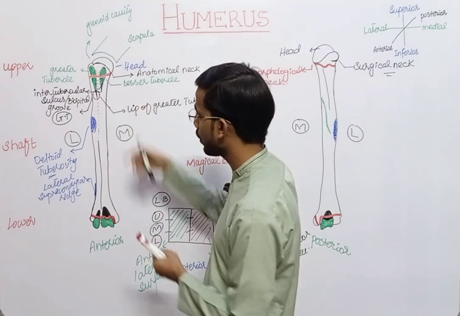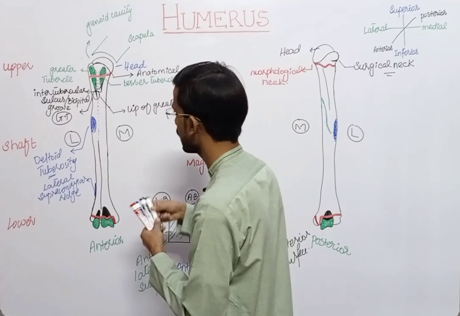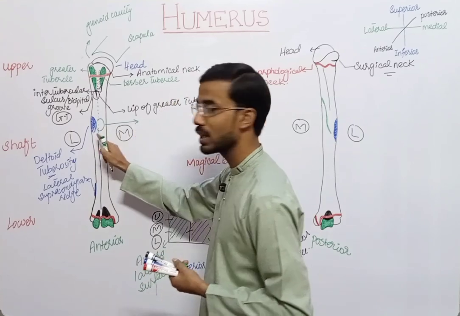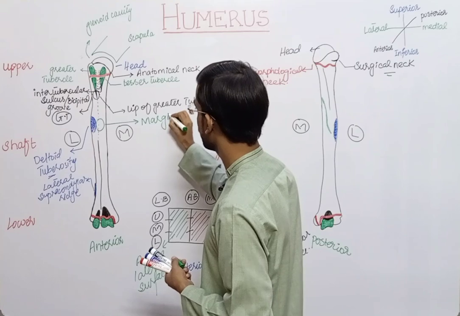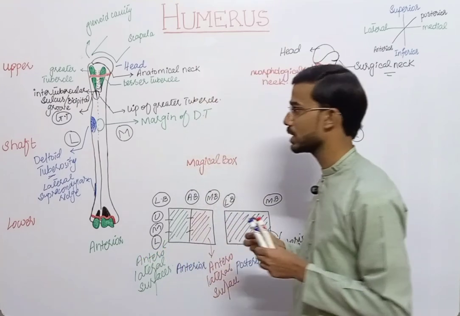And if we move forward, at the middle portion there is a margin of the deltoid tuberosity. Margins of the deltoid tuberosity are present.